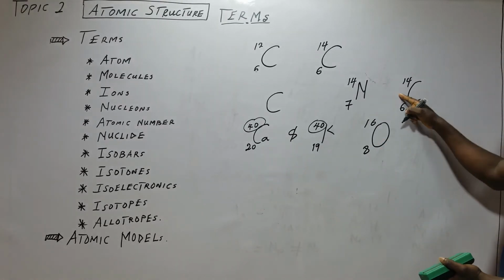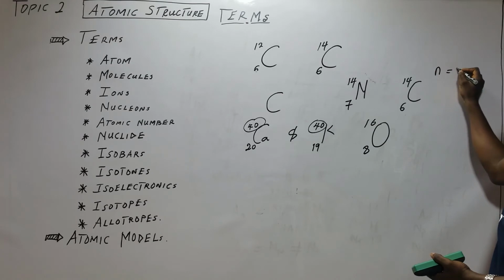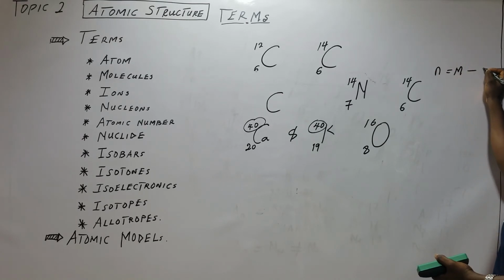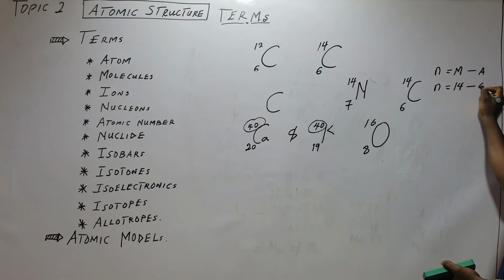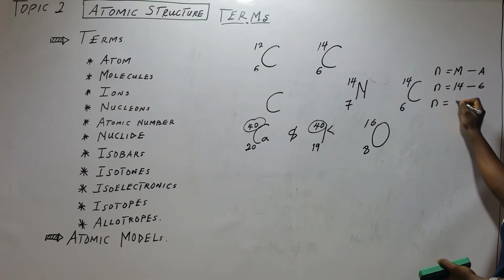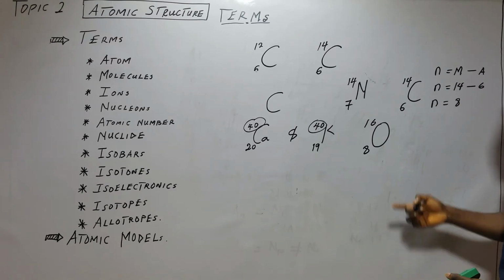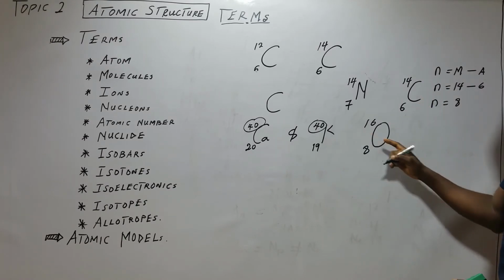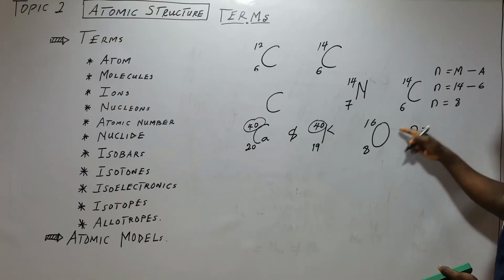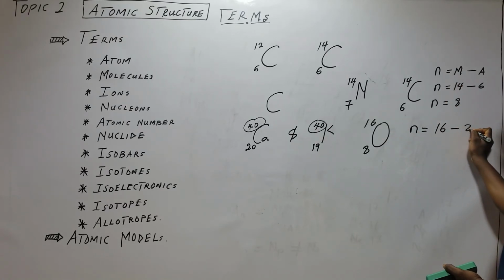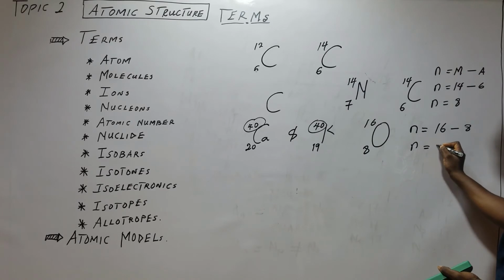The number of neutrons is equal to the mass number minus the atomic number. So for carbon 14, the number of neutrons is 14 minus 6, which is 8. For oxygen, the number of neutrons is 16 minus 8, which is 8.